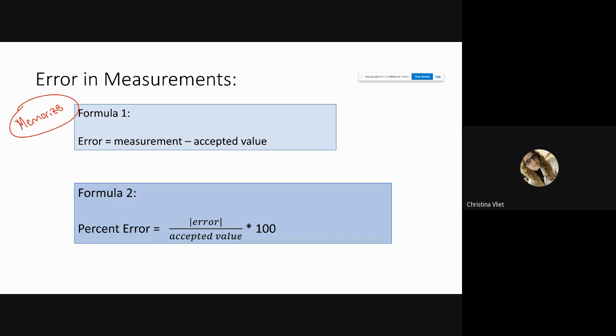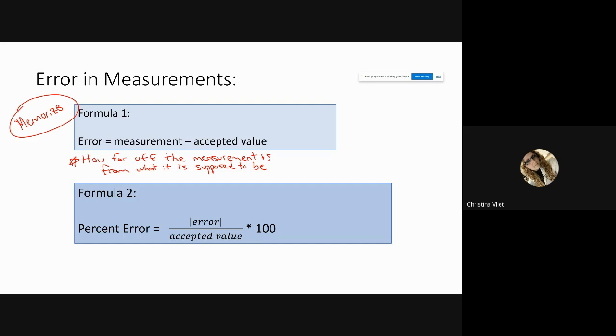Another way of thinking about error is how far off the measurement is from what it's supposed to be. So that's just to help you understand what is error. When we talk about error, we're talking about how wrong the data is in comparison to what it's supposed to be.